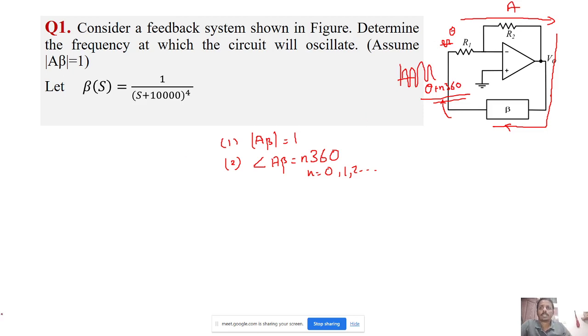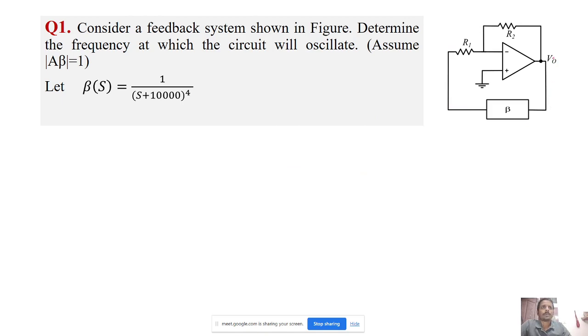If we check the circuit, the forward amplifier is an inverting amplifier. Here it is V in and this is V out. If there is a sinusoid here, this will be a 180-degree phase shifted signal. So the phase difference is 180 plus or minus 180.